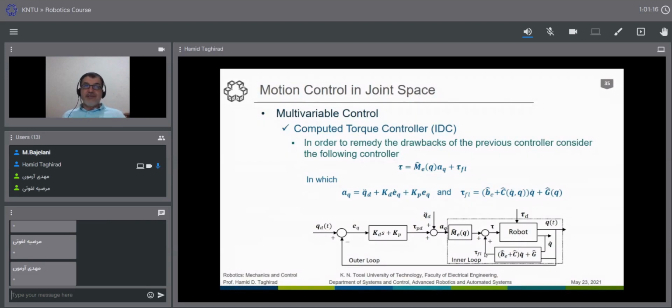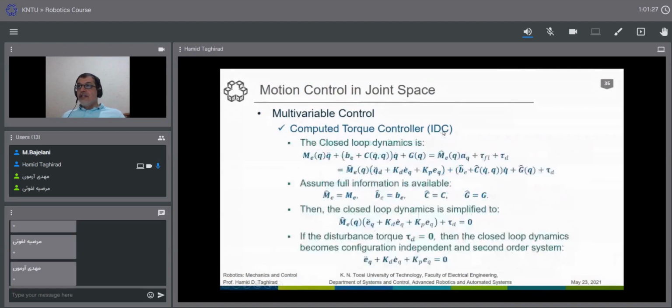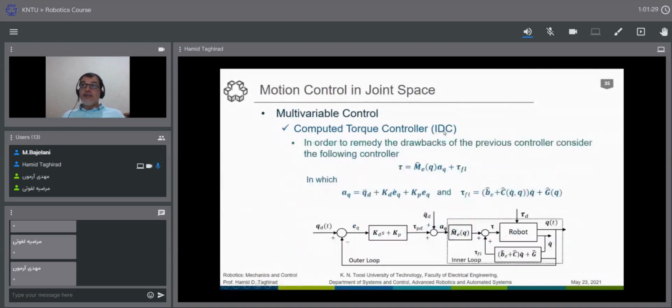Some papers are just dedicated to computed torque control or inverse dynamic control, some of them call it computed torque control. It doesn't really matter.